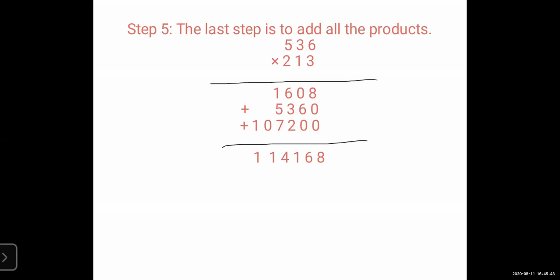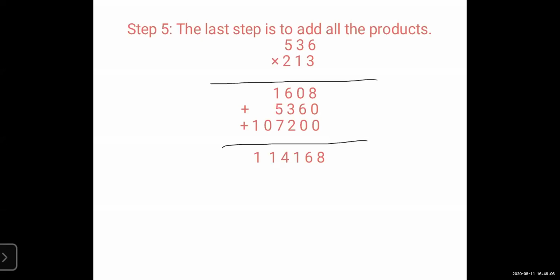So start. 8 plus 0 plus 0, 8. 6 plus 0 plus 0, 6. 6 plus 3 is equal to 9. 9 plus 2 is equal to 11. 11's 1, 1 goes to carry. Then 1 plus carry 1, 2. 5 plus 2, 7.